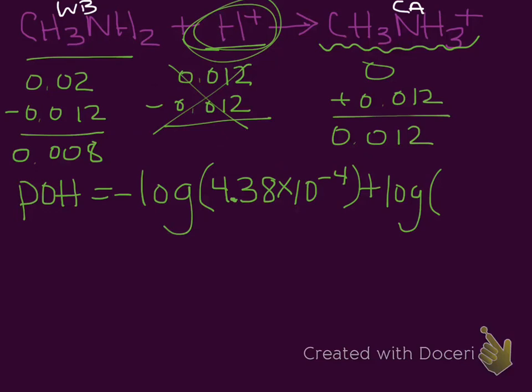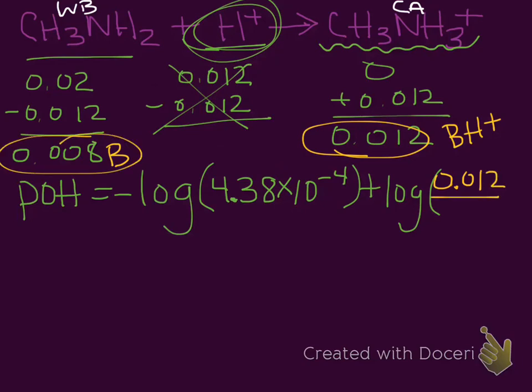This is our BH plus, our conjugate acid, and this is our B. And so we're going to put this value on the top. These decimals really don't want to show up. Over our B value, which is 0.008.